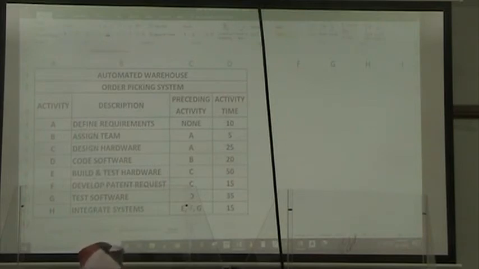All right, so let's go here, rename this as problem 6-5, I should say.